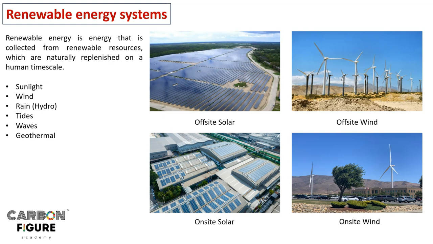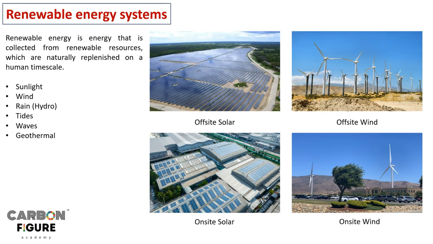So they are called offsite solar, offsite windmill, or on-site solar, or on-site windmills, right? It depends on the location of your building, and how close to it you are generating the electricity.